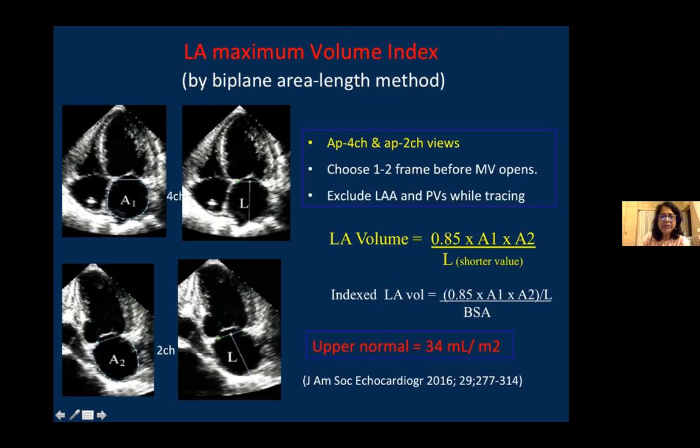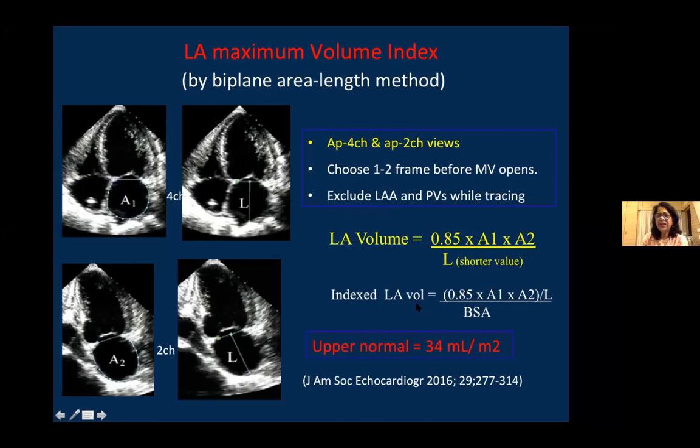Like if this is 5 centimeter and this one is 4.9 centimeter, I will take 4.9 centimeter in my calculation. We must remember that while measuring the length, the difference should not be more than 10%. If the difference is more than 10%, you should recalculate the entire thing. Now, we utilize this formula of 0.85 times area 1 times area 2 divided by shorter length to calculate the LA volume, and we get a value.